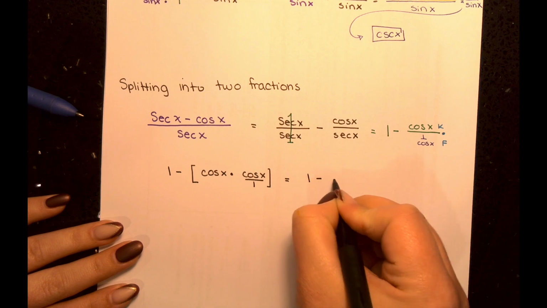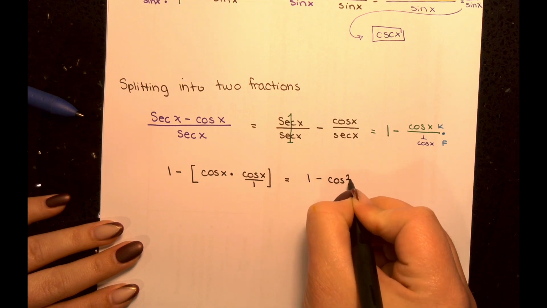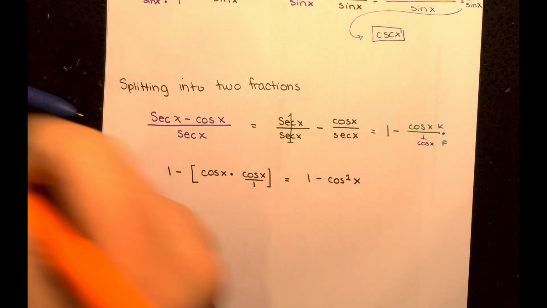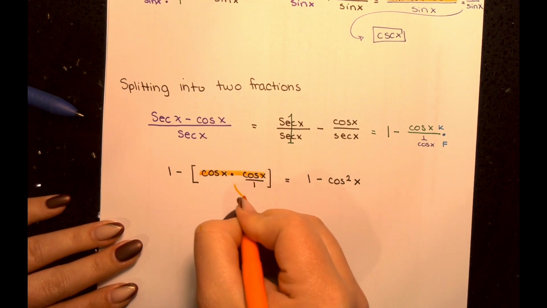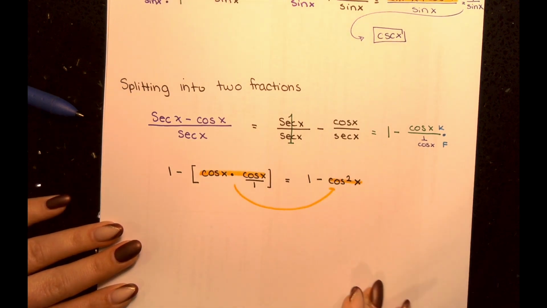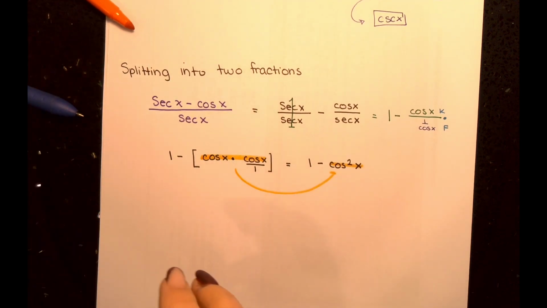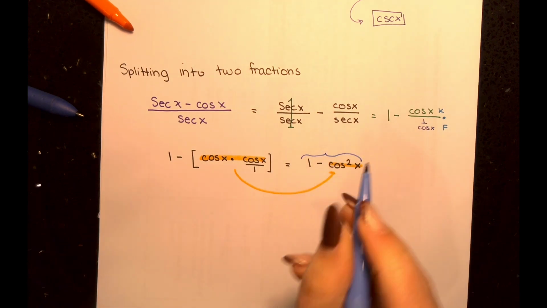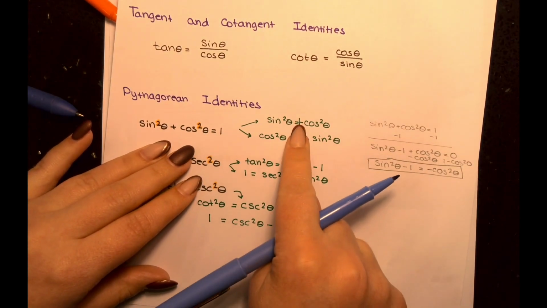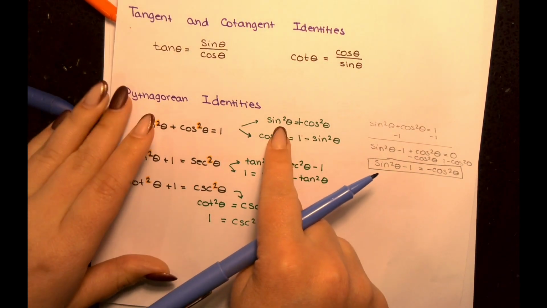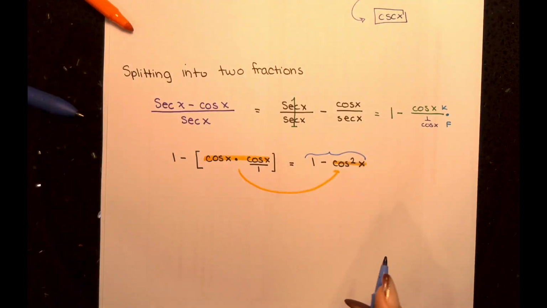So we have 1 minus cosine squared of x. That's where that came from. And again, it should be screaming, identity, identity, identity. 1 minus cosine squared of x. Let's see which one it is. 1 minus cosine squared of x is sine squared of x, or theta.